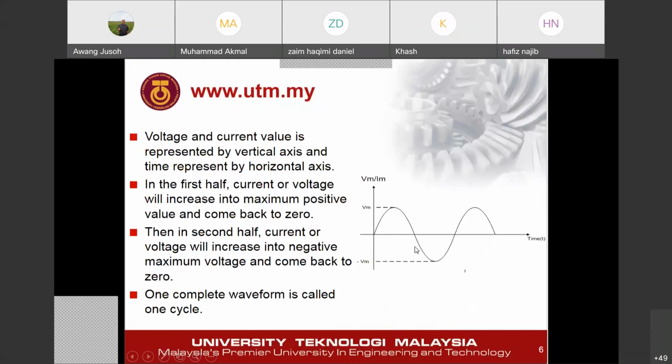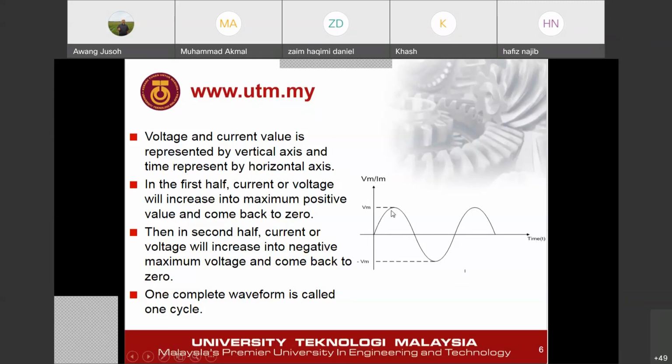Now we go into more detail on the sine wave signal. The voltage and current values are represented on the vertical axis and the horizontal axis. The vertical axis represents the amplitude, the voltage or current, and the horizontal axis represents the time, in seconds. In the first half, the current or voltage will increase from 0 to the maximum positive, and then come back to 0.